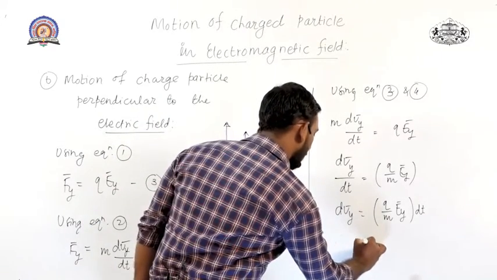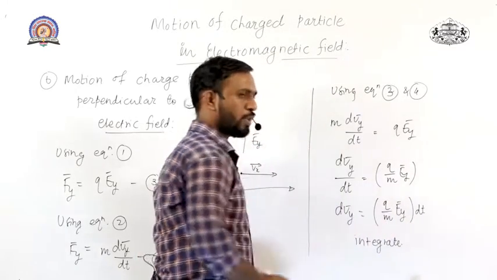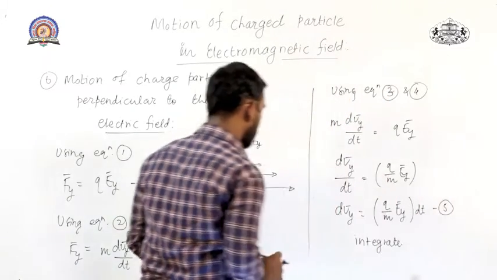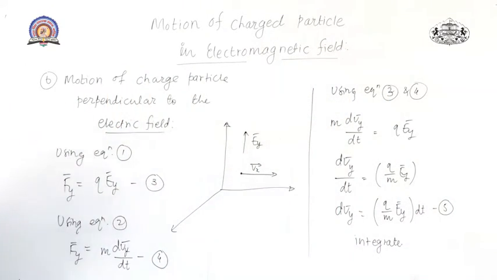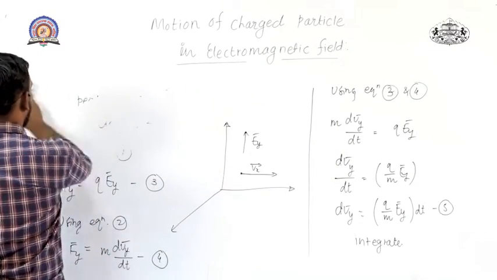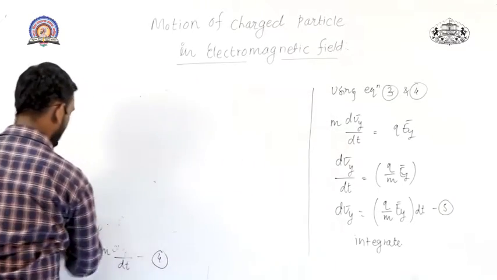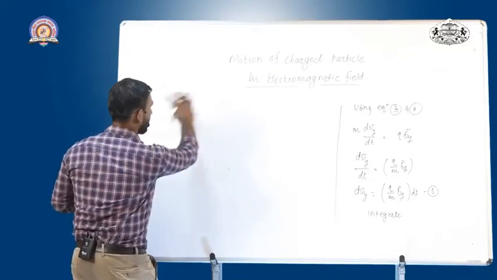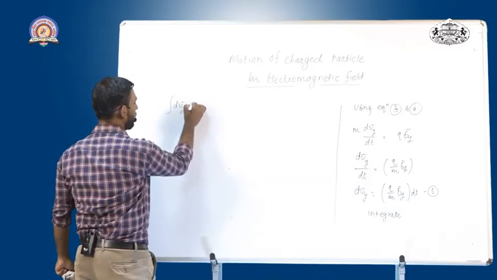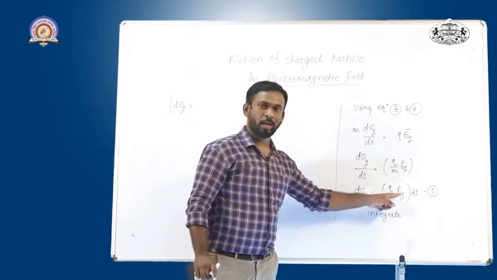If we integrate the above equation, let's say equation number 5, we'll get the equation in terms of the velocity. Integration of dv_y is equal to, again look at these q, m and E_y.